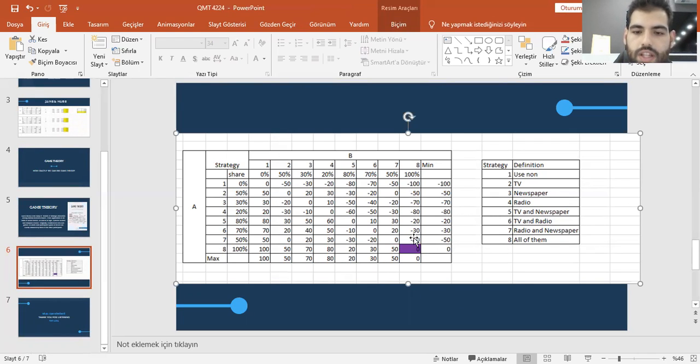That means they will be equal, and it's the answer for the 2-person zero-sum game and determining the advertising media for each company. They use all of them, TV, newspaper, radio, and the others. When we calculate the whole percentage, there will be 0 at the maximum.